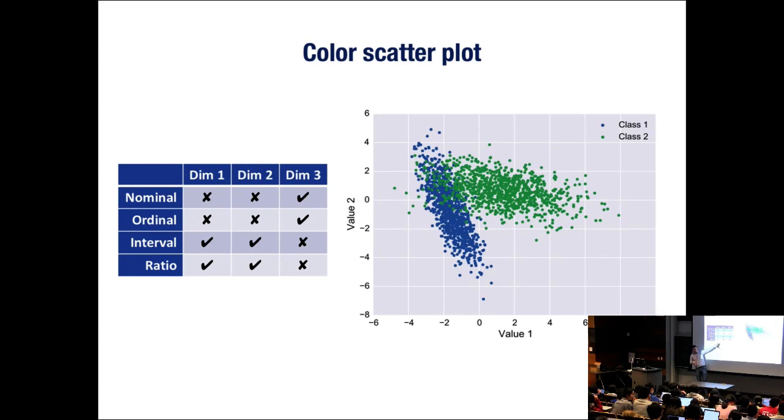So plots like this are very useful because I can convey actually 3D information here. The color is the third dimension, but because it's just a categorical assignment, there's no real issue of confusing them or not being able to interpolate between colors well. Everyone can tell what's green there and what's blue.